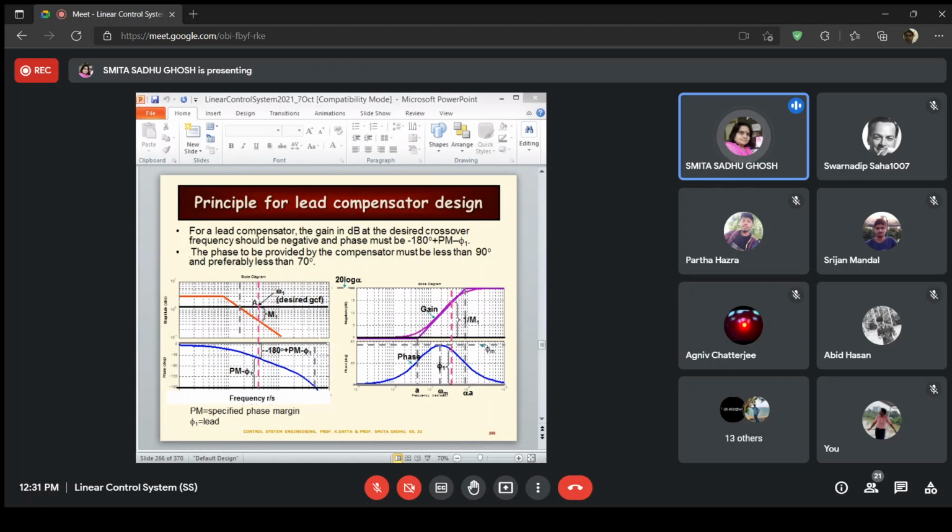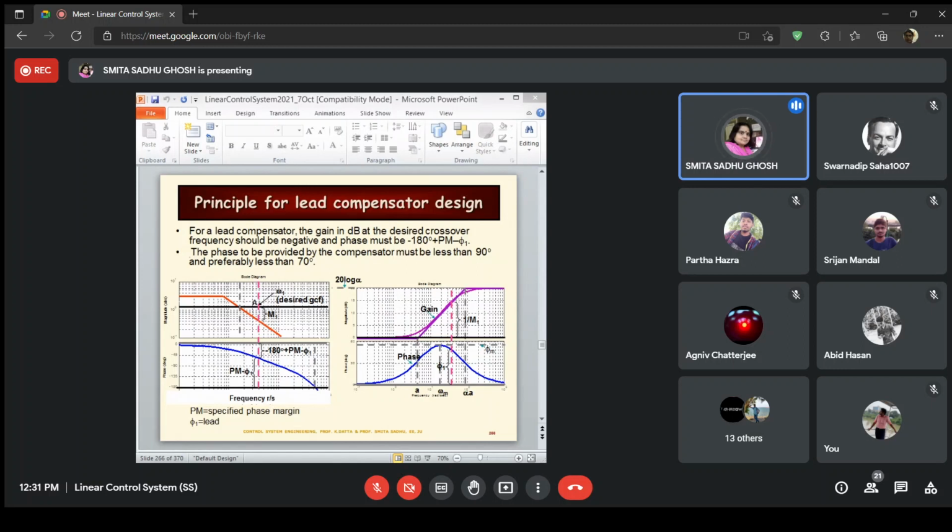So if I do that, the phase that I would be looking for is minus 180 degree plus 30 minus 10. That value would give me what should be the value of the phase that I'm looking for, and where I'm going to place my desired gain crossover frequency.